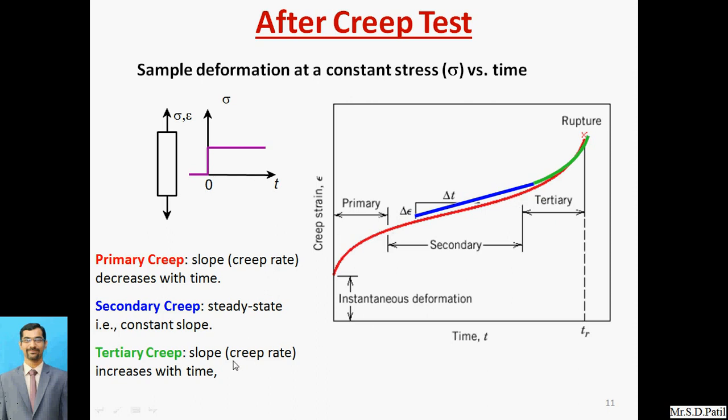In the tertiary creep, the slope increases with time. So the slope decreases in the primary phase, is constant in the secondary phase, and at the tertiary phase it goes on increasing again. At that point, rupture, that is the failure, may occur. This is indicated by tR, the time for rupture.